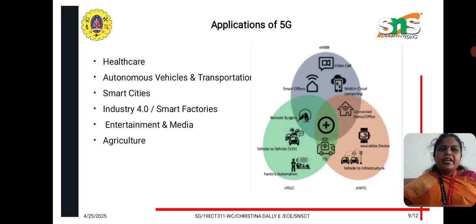These are the applications of fifth generation. There are so many applications. I have listed some here: healthcare, autonomous vehicles, smart cities, industry, entertainment and media, agriculture. In healthcare, if there is any disease in a person, we can't always detect it easily, but nowadays we can easily detect what type of disease has occurred in a particular patient.